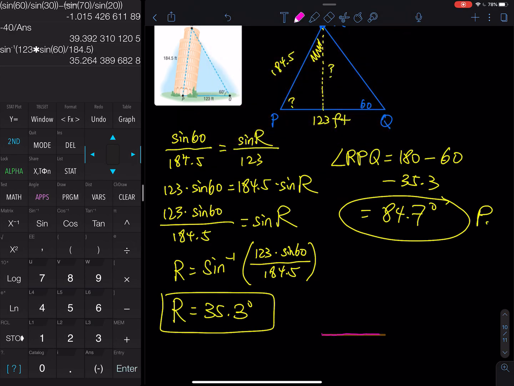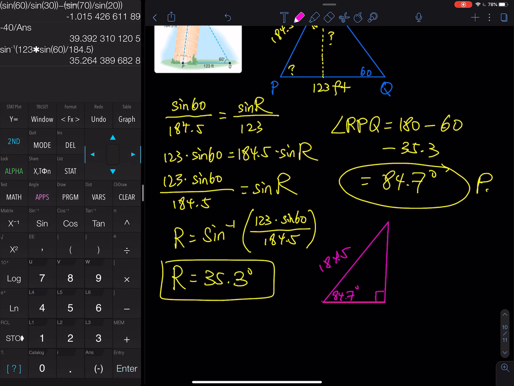So we have this, and then we have the perpendicular line, and then this is the length of the tower, 184.5, right angle, and then 84.7. So this one I am looking for height.